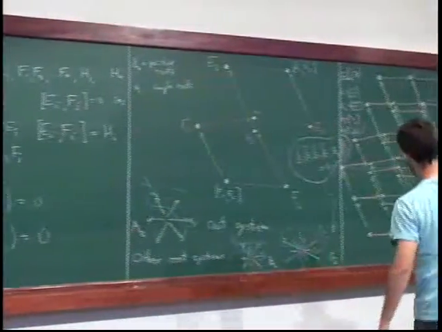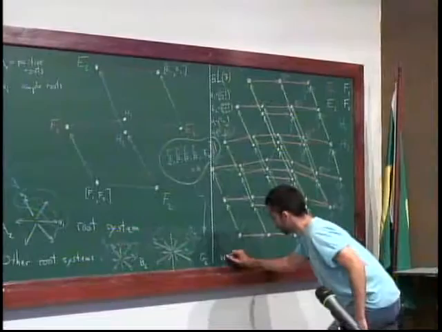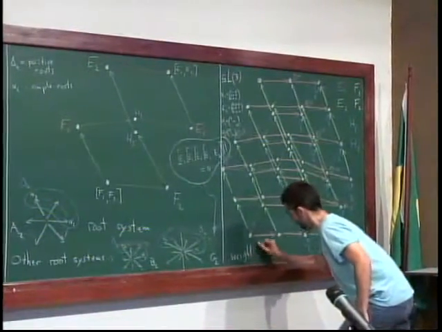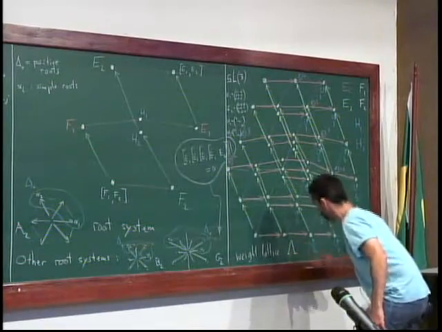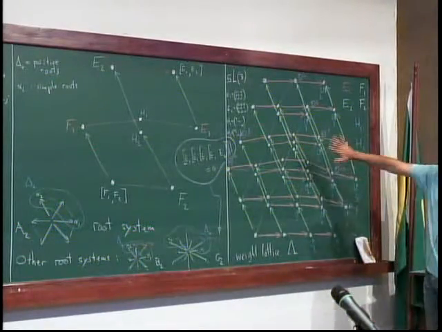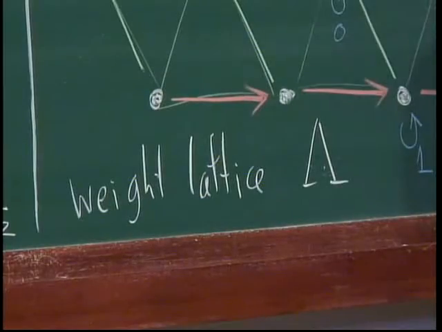Here, let me introduce a notation. The weight lattice will be called lambda. Lambda is this thing on which I draw all these dots.